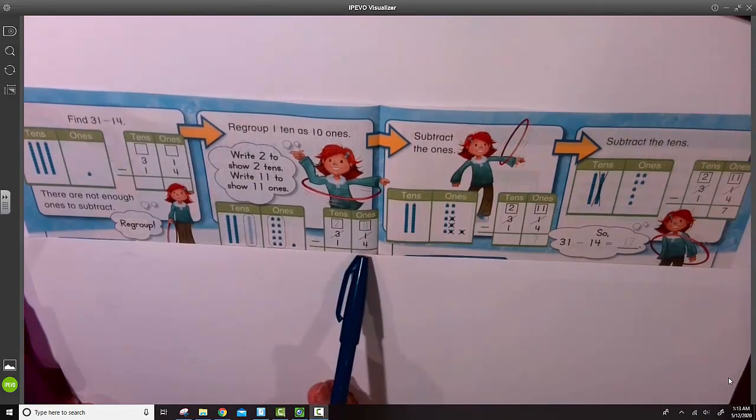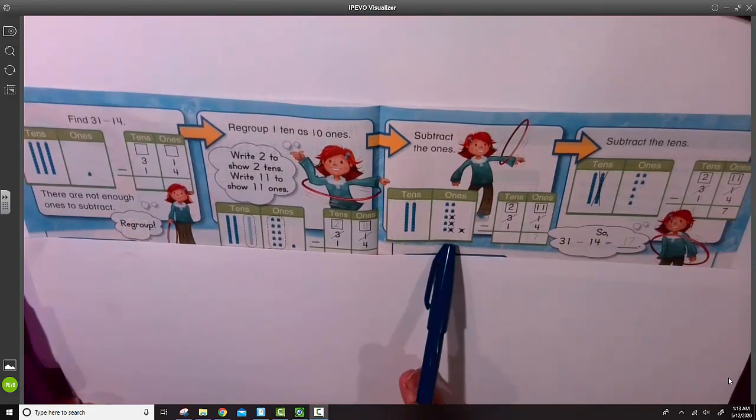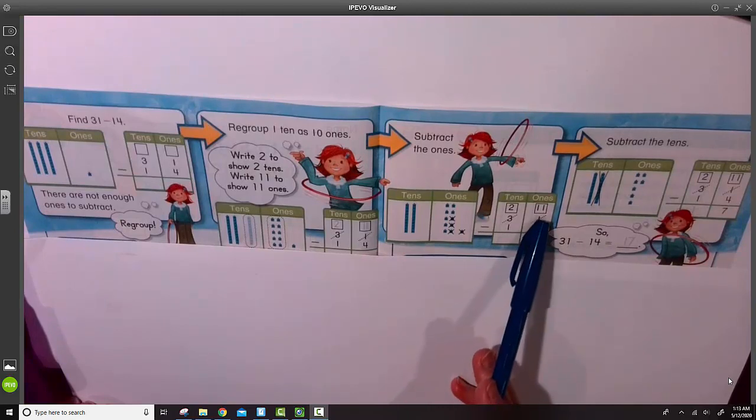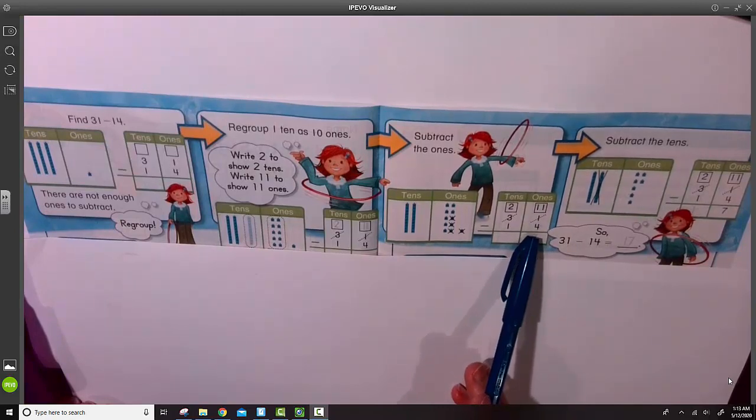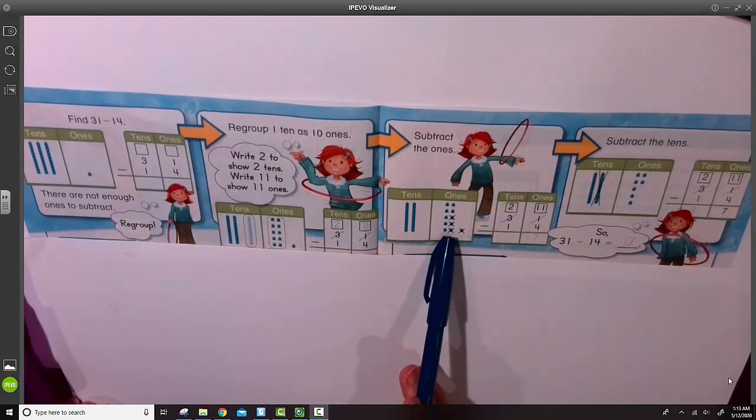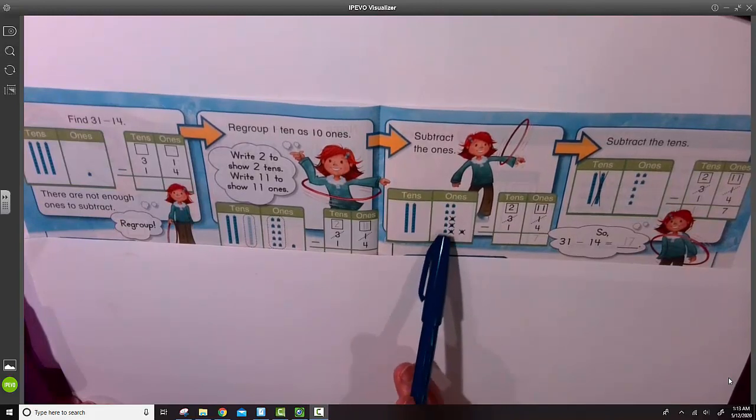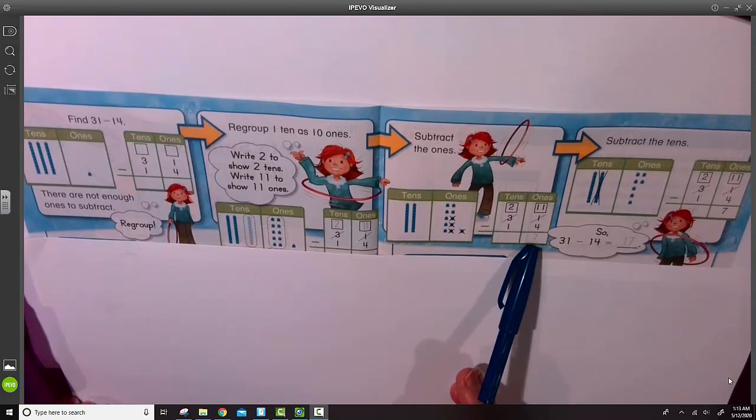We're ready to do our subtraction. So coming to this next picture example, we have 11 ones and we're subtracting 4 ones. You can see that they are crossed out, leaving the remaining ones. There are 7.